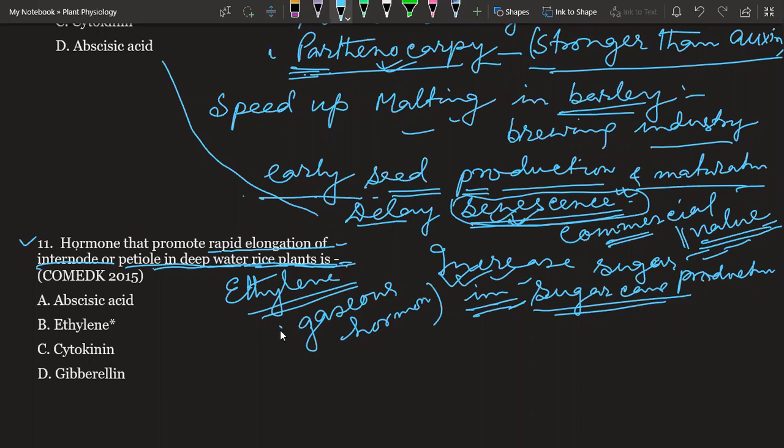In this way, this one is very unique. This is the only one which is different. Others are solid and liquid, but this one is gas.